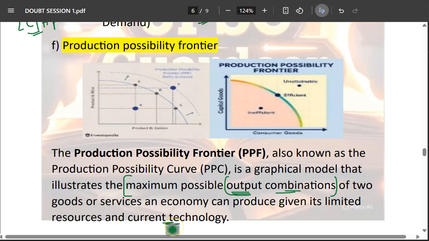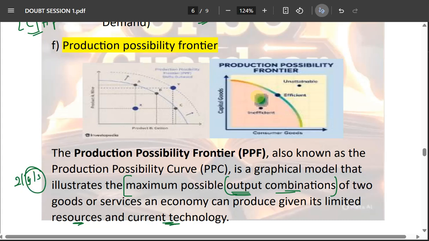See, current technology, there is no change in technology, the resources are limited, but we are trying to produce two goods or services at a time. So what maximum output combination can we achieve? That is what the production possibility frontier is trying to explain.